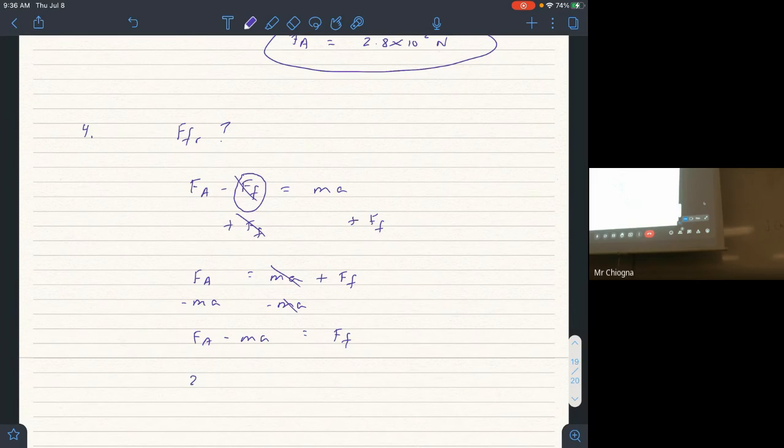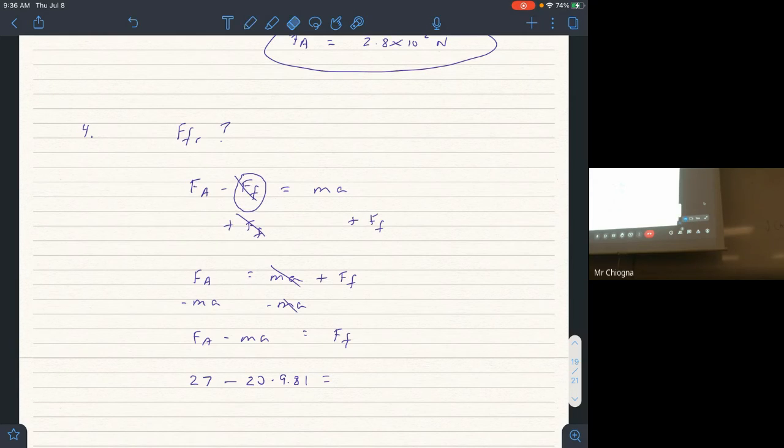Applied force, I'm just plugging in numbers now. 27, mass is 20. This makes sense. No, that's not acceleration.